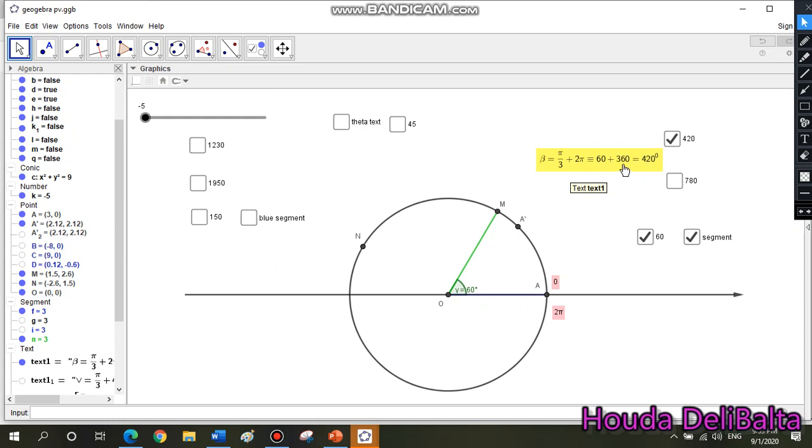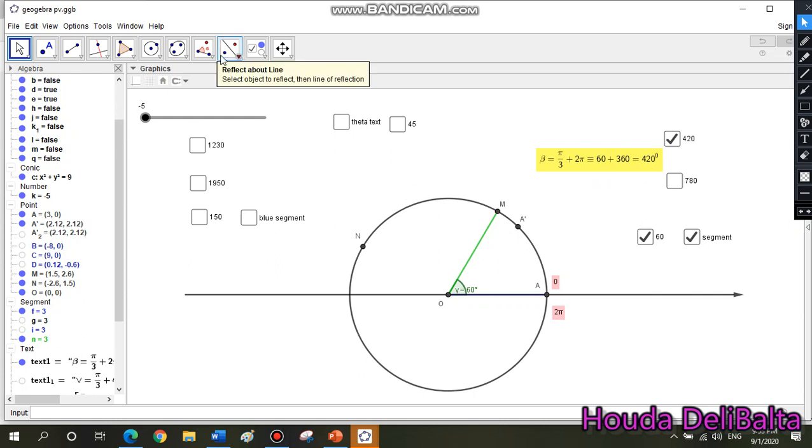I can decompose it into 60 plus 360. 360 degrees is confounded with 0 because it represents a complete turn starting in the positive direction from 0 till here, and the remaining part, which is definitely less than 180, is called the principal value of 420.